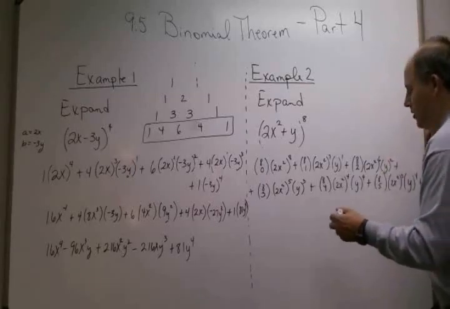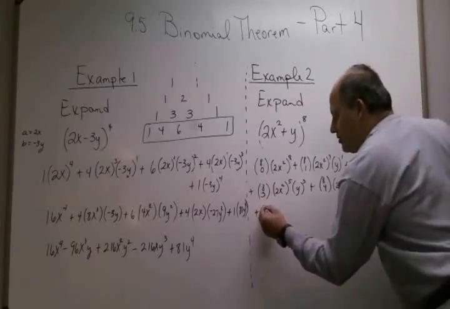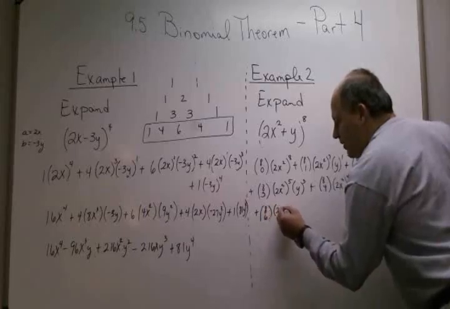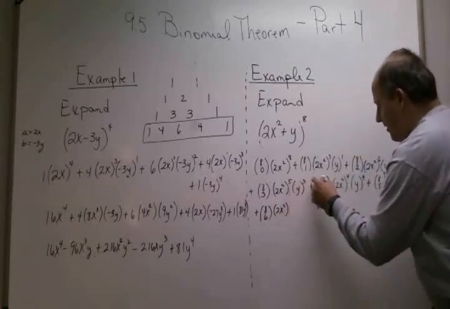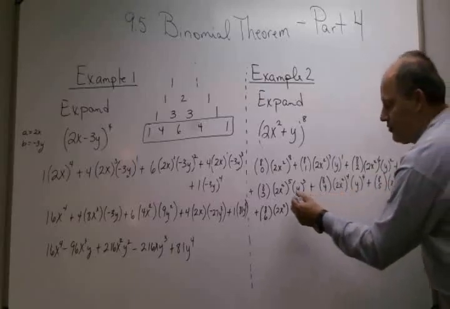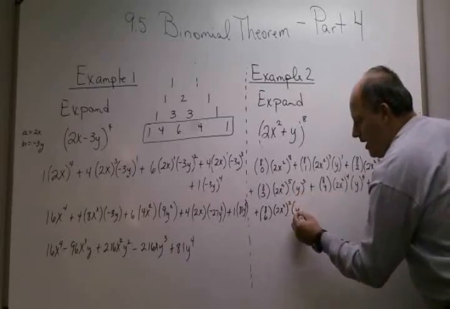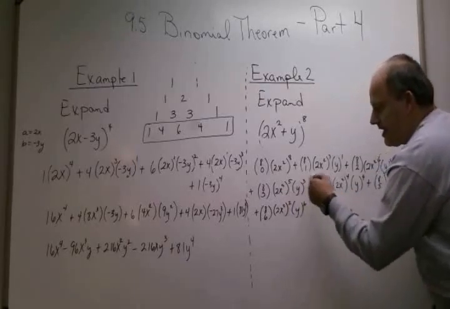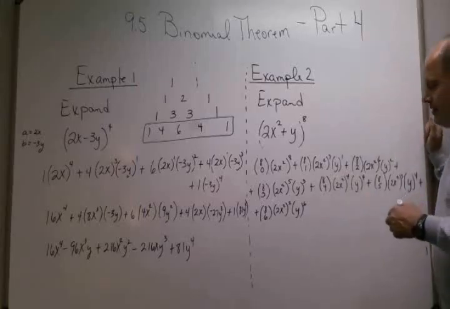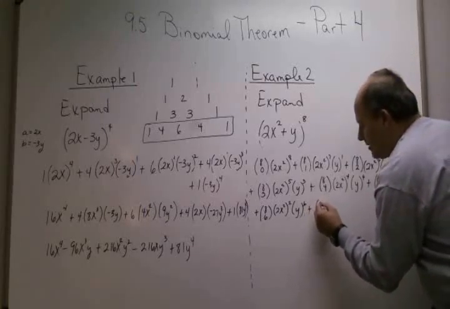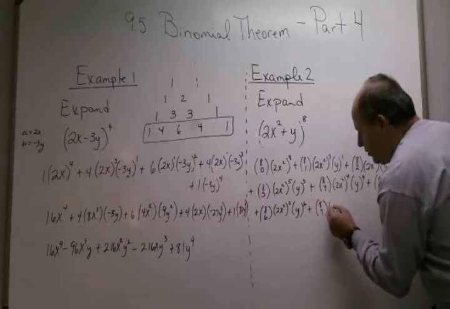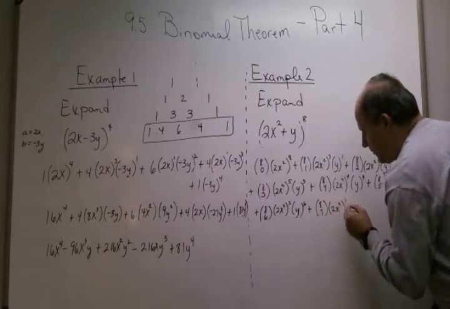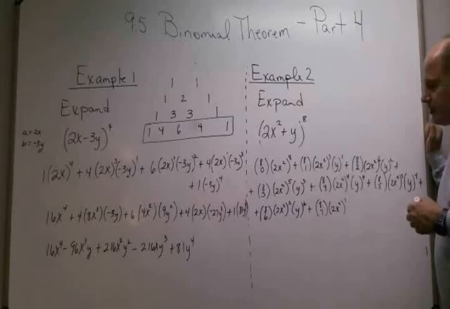So next one's going to be 8 choose 6, (2x²), now 5, 4, 3, and now 2, and then y to the 6 because 2 plus 6 has to be the 8. The next one's going to be 8 choose 7, so it'll be (2x²), now down to the first. So the next one's not going to have any 2x².